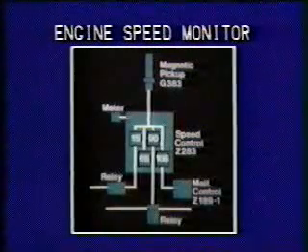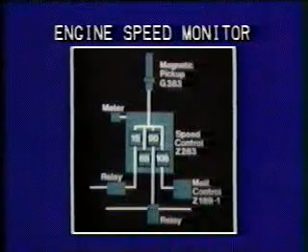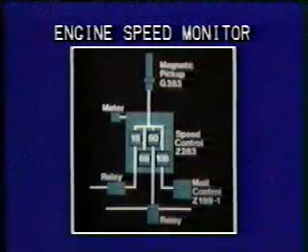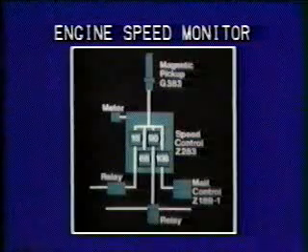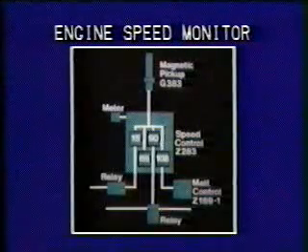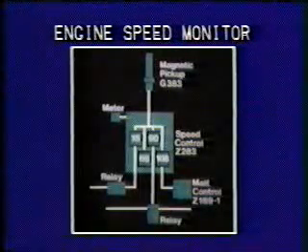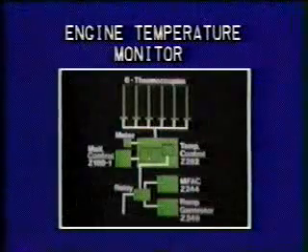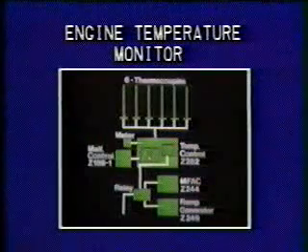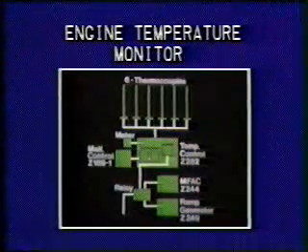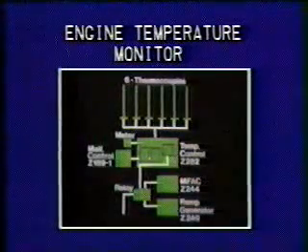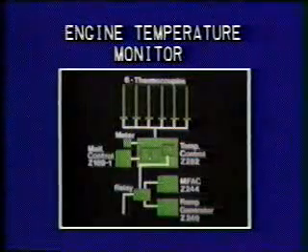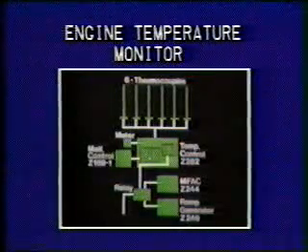A magnetic pickup sends signal to the engine speed monitor, which activates a series of relays at 15%, 66%, 90%, and 108% engine speed. The engine temperature monitor receives an input from each of the thermocouples and sends signals to select ramp generator or main fuel actuator.